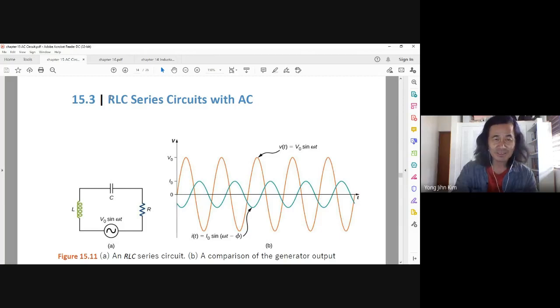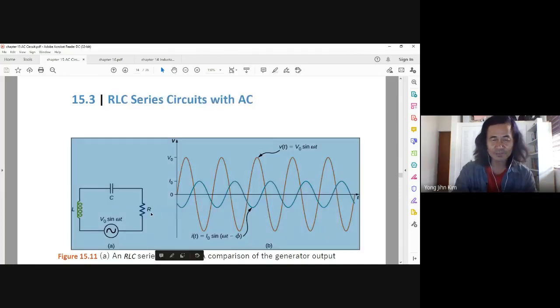Okay, we are studying the RLC series circuit with the AC generator. Here we have a resistor, inductor, and capacitor connected to an AC generator. The AC generator produces a potential oscillating by a sine function, V0 sine omega t.